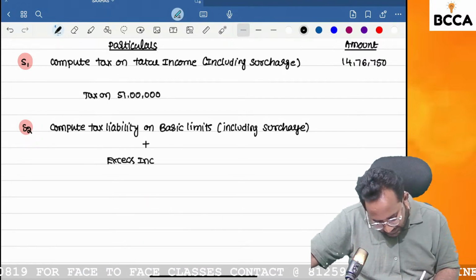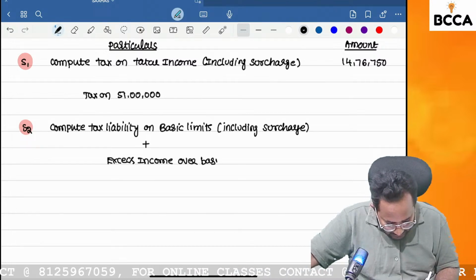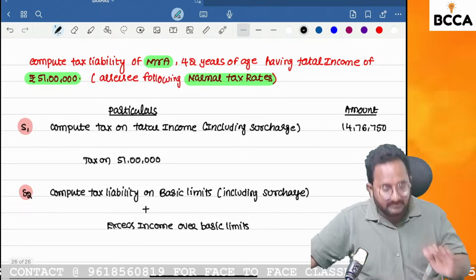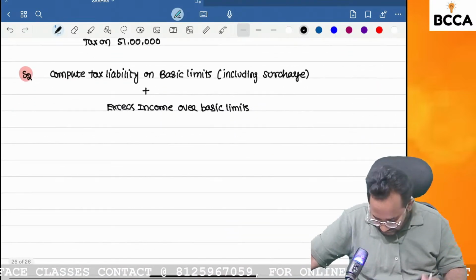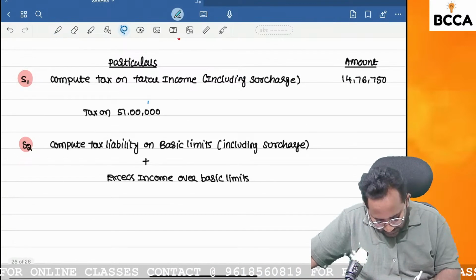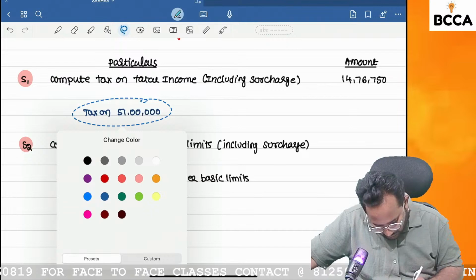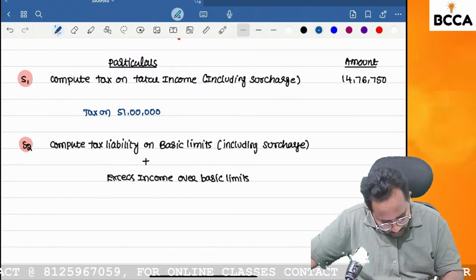What is the excess income over basic limits in this example? 1 lakh. So please add that also. And shall we start the calculation of the second part? Please tell me what is the second part we have to calculate tax on?